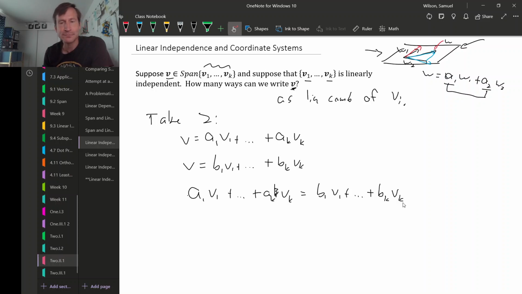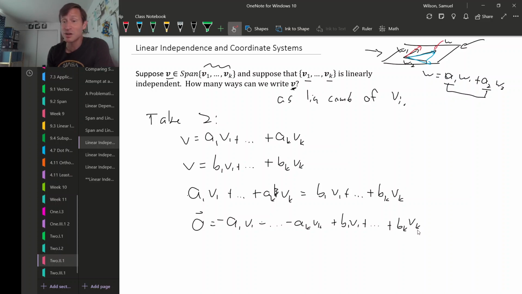Now that we have this equation, there are lots of terms that have the same vector in them. So let's move everything to the right. We get the 0 vector is minus a1 v1 minus so on up to minus ak vk plus b1 v1 plus dot dot dot down to bk vk.